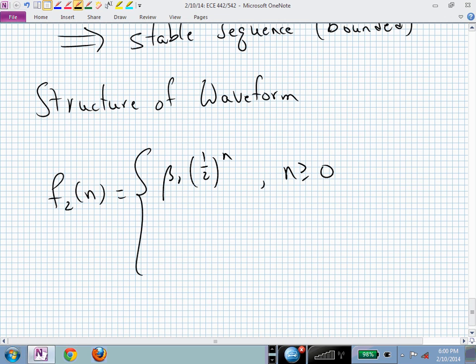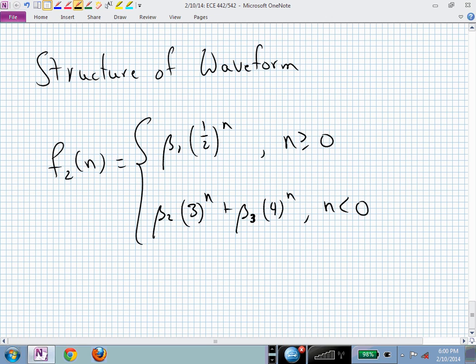The other pieces are for negative indices, and now we have the 3 basically effectively downstairs and the 4 downstairs, and that, when we hit it with higher and higher powers, is going to collapse, and that's what we want to have happen.